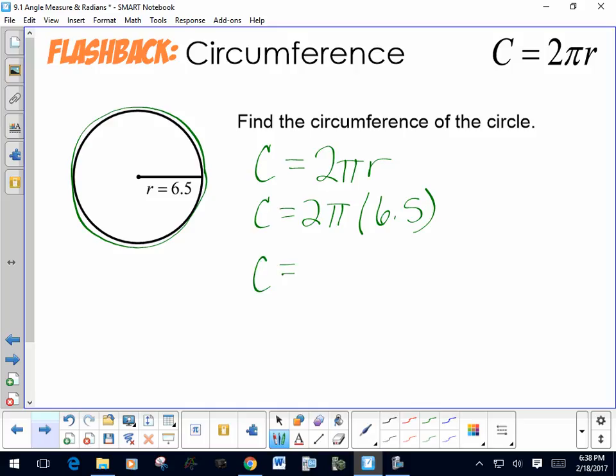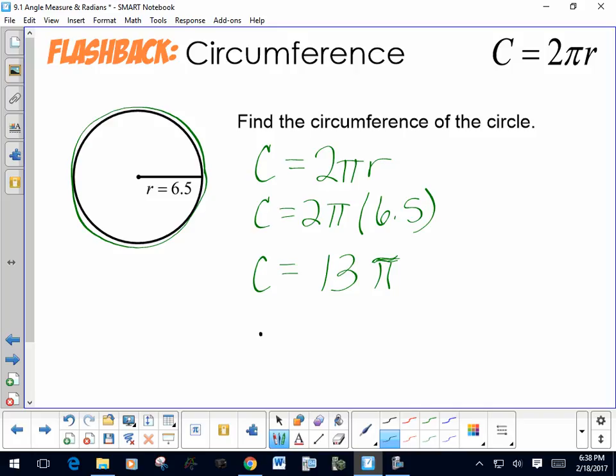And if we wanted to leave that radius in exact length, we would want to not get a decimal approximation, but leave that pi in our answer, and we would say that the circumference is 13 pi. That's 2 times the 6.5, and then we just leave the pi.